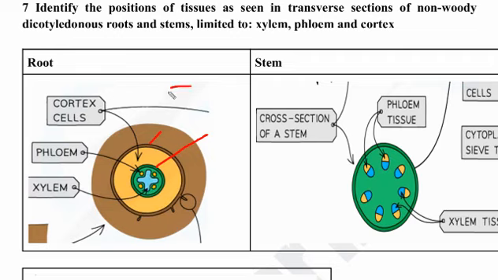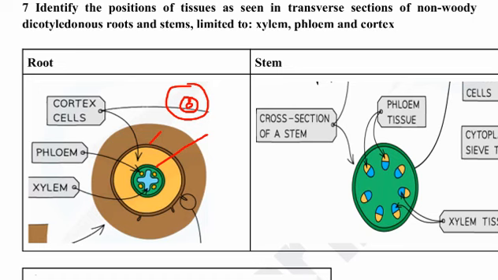We can draw it like this. This is the epidermis, then this empty portion is the cortex, and this layer is the endodermis. In the endodermis there is the xylem, this inner part, and this outer part is the phloem. In case of stem, there are many vascular bundles, the internal portion is the xylem and the outer portion is the phloem.